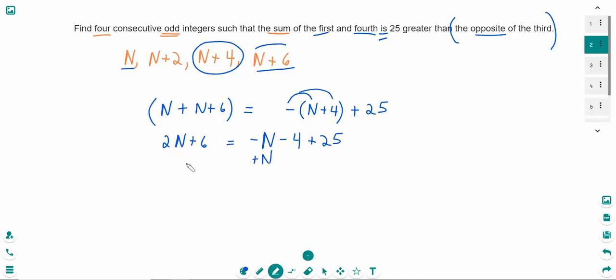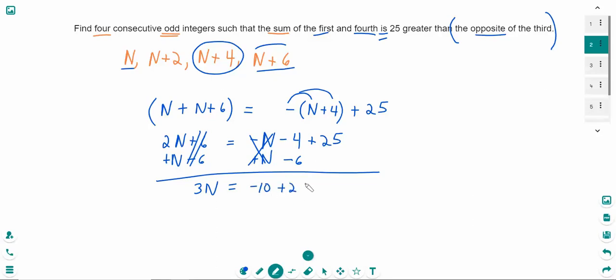So we'll add n here, and I'm just going to move this 6 over to the other side too. The 6's will cross out, 2n plus 1n is 3n, equals, the n's cross out. Negative 4, negative 6 is a negative 10. We still have the plus 25. Negative 10 plus 25 is equal to 15. So we end up with 3n is equal to 15. We can divide both sides by 3, and n is equal to 5.